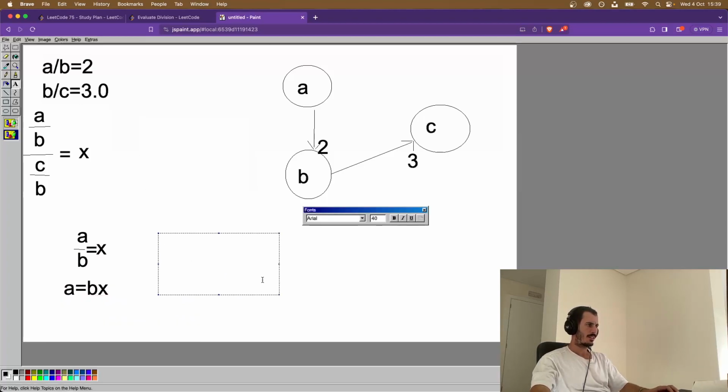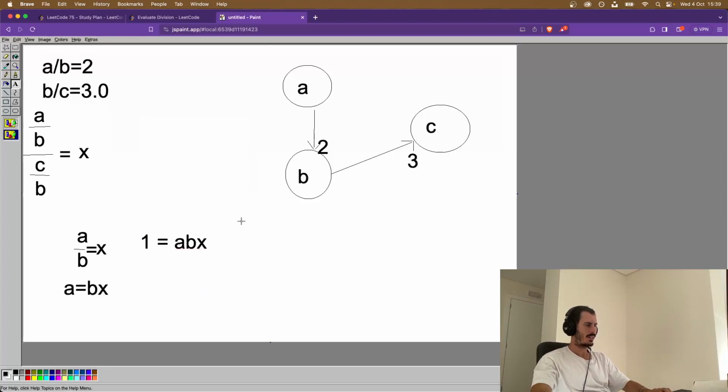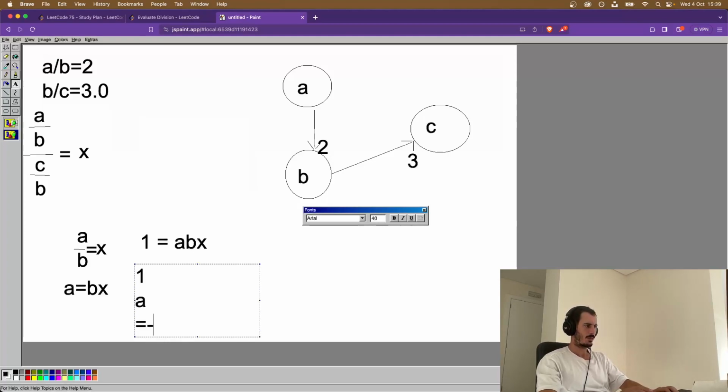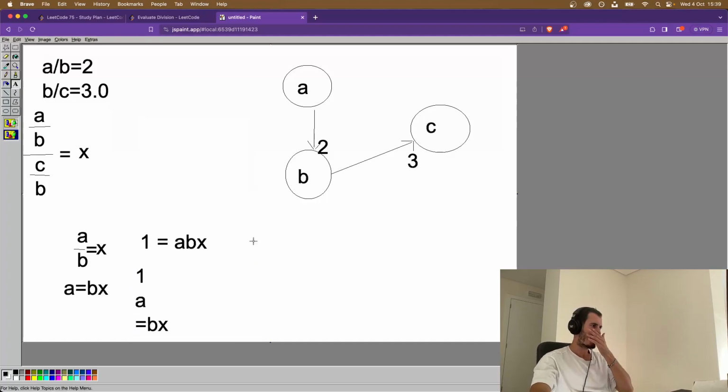Then that is also 1 equals a times b times x. And then I can say 1 divided by a equals bx.